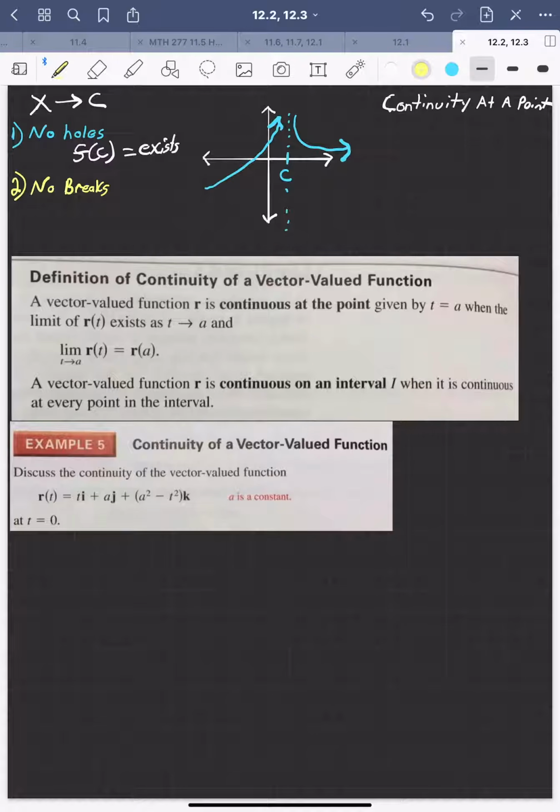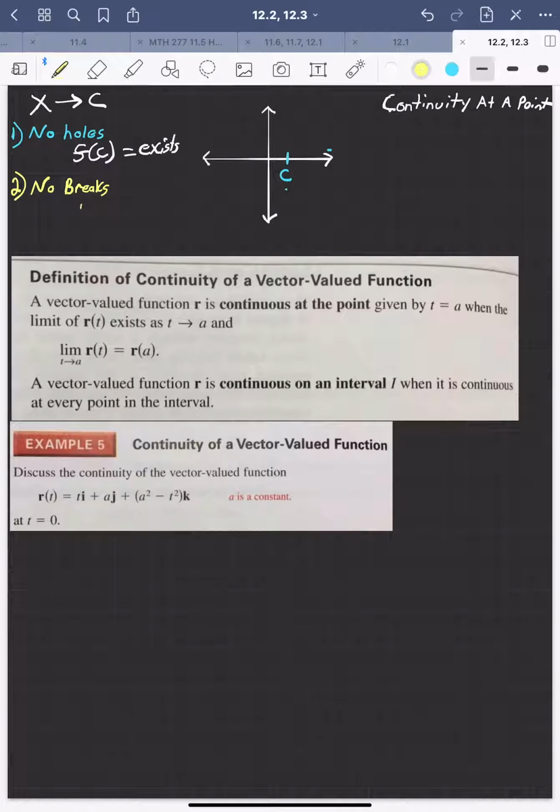Well, recall the idea of a limit. The idea is that as x approaches c from the left and as x approaches c from the right, your graph is approaching L. So, in other words, if there are no breaks in the graph, then the limit should exist.